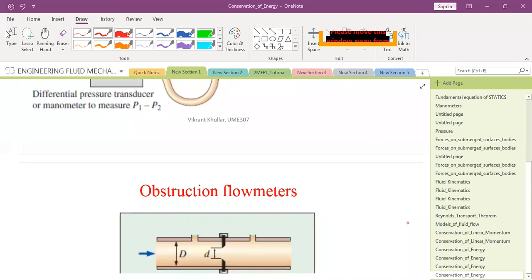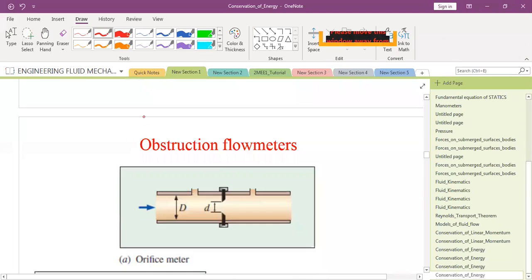So now I'm coming to flow meters. These are called obstruction flow meters. You can have other flow meters also. Those flow meters will not obstruct the flow, but will help you to measure the flow rates or the velocities.